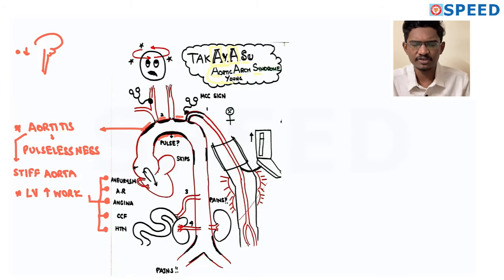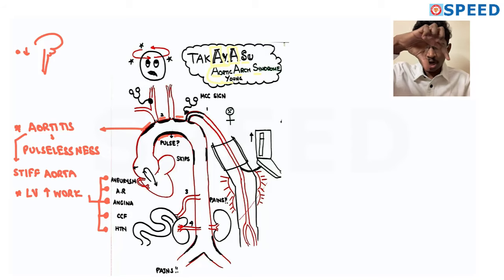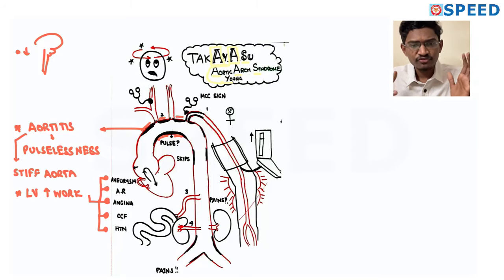So what are the classical features? Since the aorta is stiffened, the heart is contracting vigorously, and overload is going to the heart, so that can cause angina, hypertension, and prolonged, congestive cardiac failure.